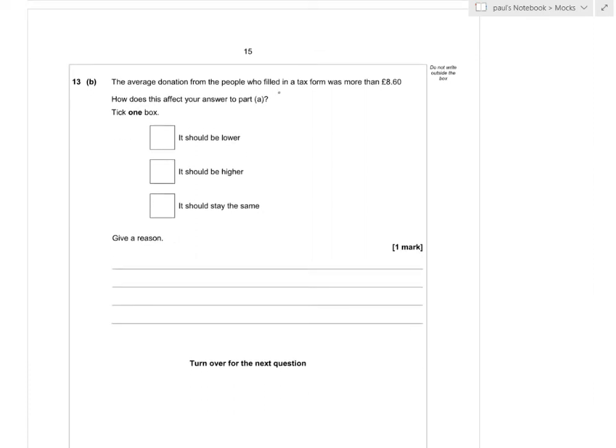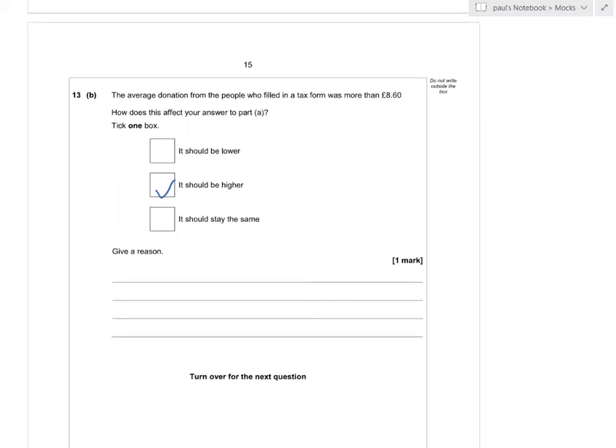The average donation from the people who filled in the tax form was more than £8.60. How will this affect it? Well, it should be higher, wouldn't it? Yeah. It should be higher. So why should it be higher?